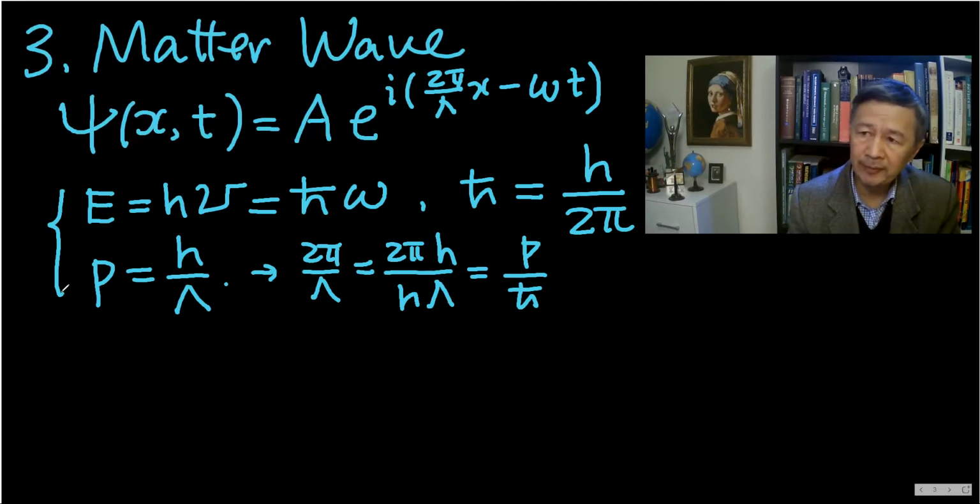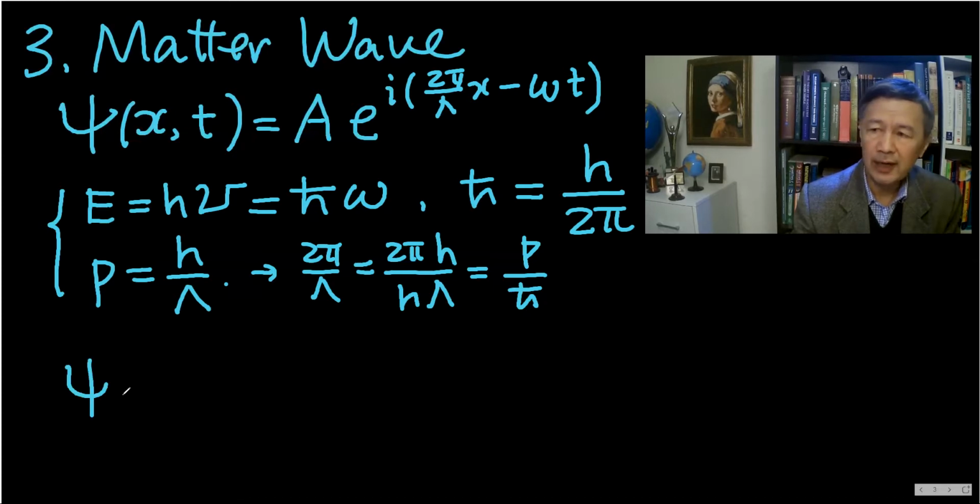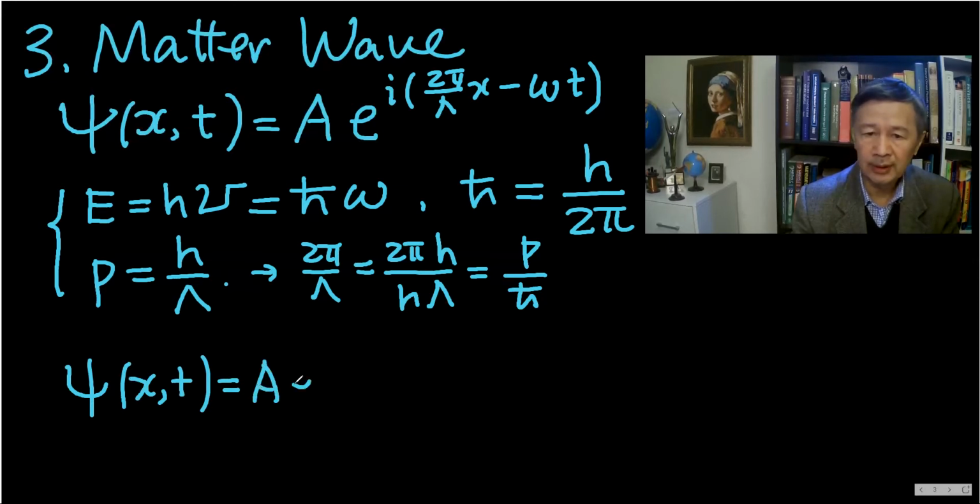Not the electromagnetic wave, not the gravitational wave, not the sound waves. Therefore, the wave function can be rewritten in this form: phi of x and t equals a, the amplitude, times e to the power of i. Can we put the h bar outside as well?